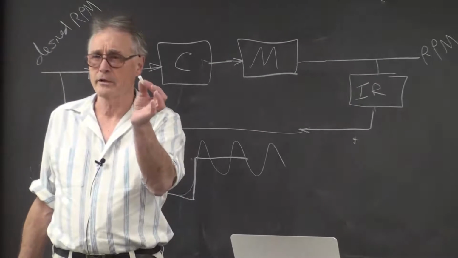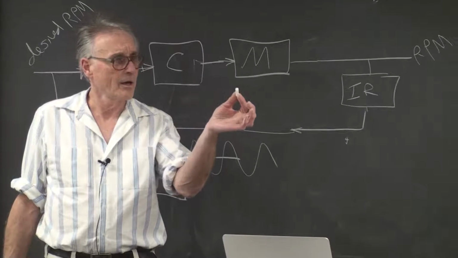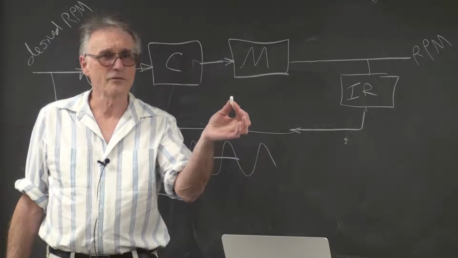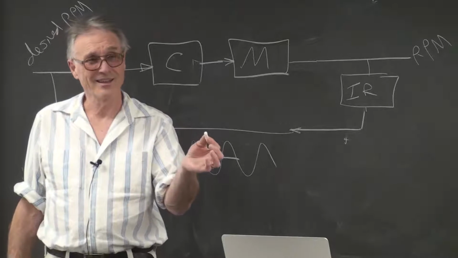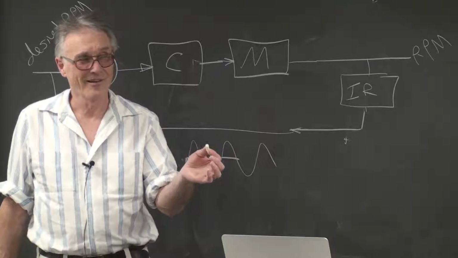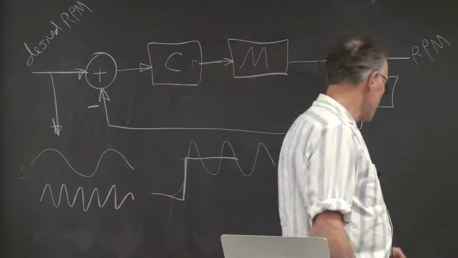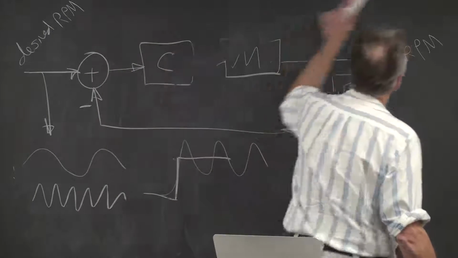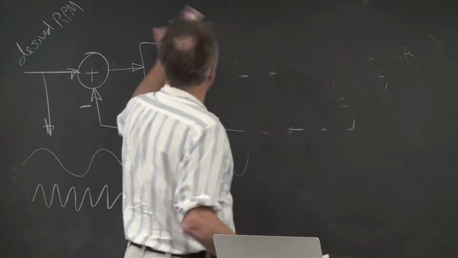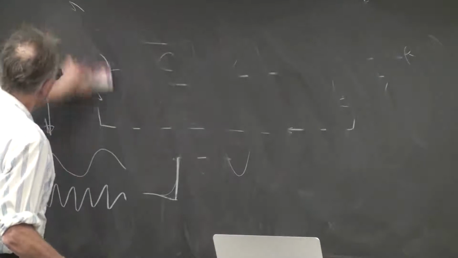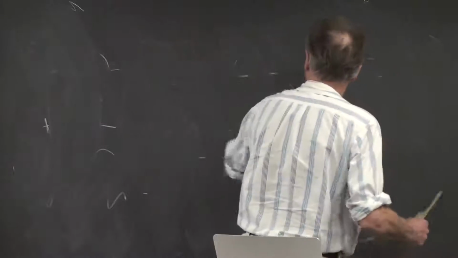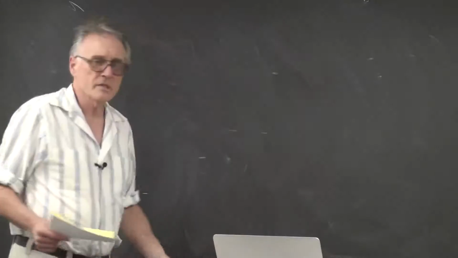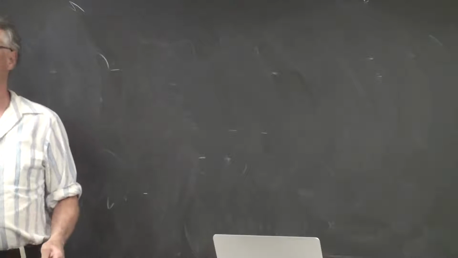Who would like to draw me the Bode plot for an ideal integrator? Who feels brave today? Anybody? So, what's the gain of an ideal integrator at DC?